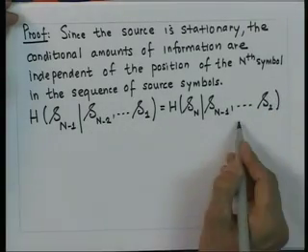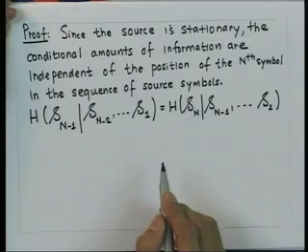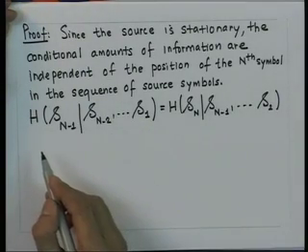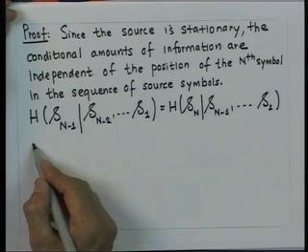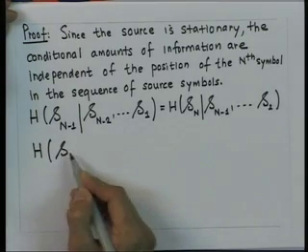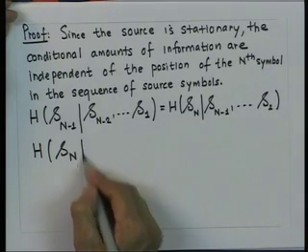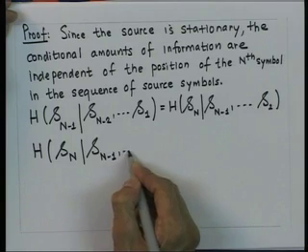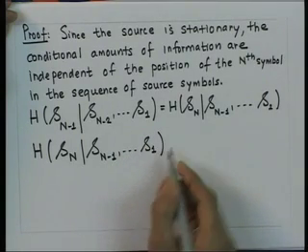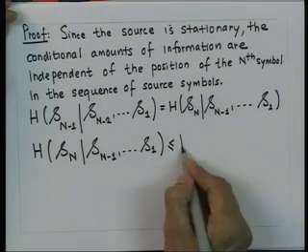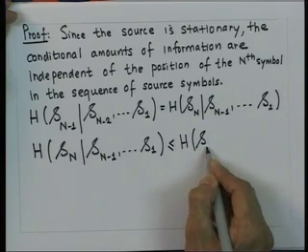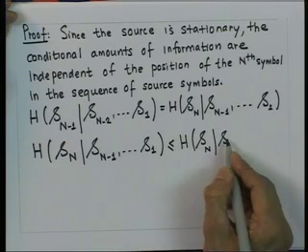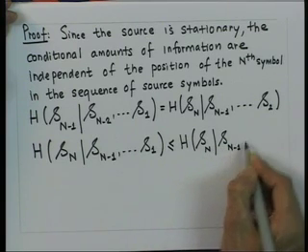I can write this expression because the source is stationary, and we have just seen the property of a Markov source: the conditional information will always be less than the quantity on the right hand side.